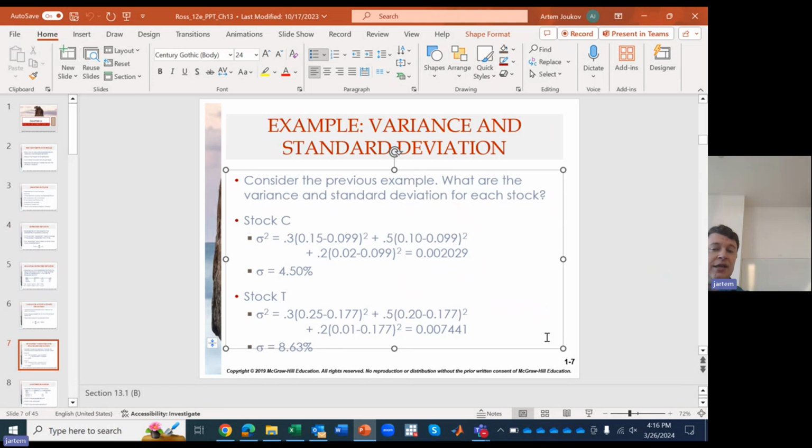And you're subtracting a different average return because the expected return for that stock was different. After you enter all of those into the formula, you still get variance 0.007441. And if you take the square root of that variance, you get 8.63. The square root of variance is your standard deviation.